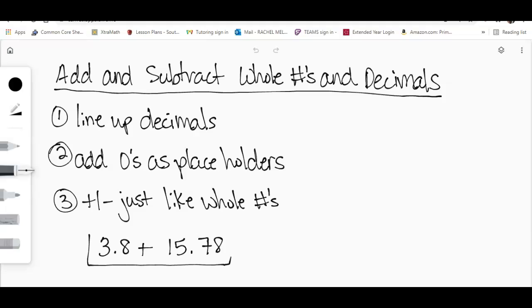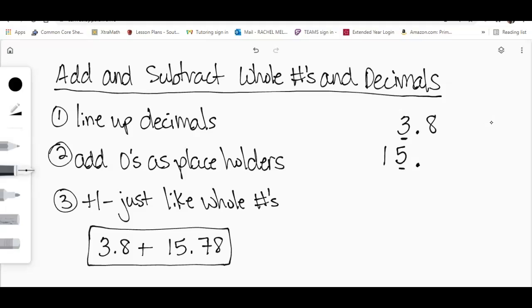I have 3 8/10 plus 15 78/100. The first thing I need to do is write them while lining up my decimals. If I have 3 8/10 like this, I need to have my ones places together, right?